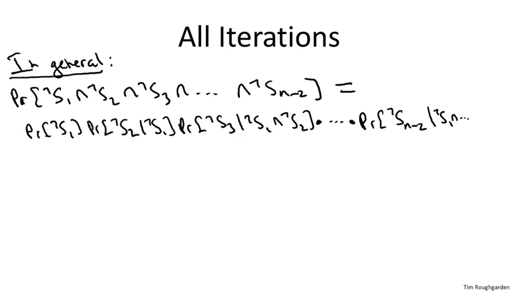Using the definition of conditional probabilities, this is just the probability that we don't screw up in the first iteration, times the probability that we don't screw up in the second iteration, given that we didn't screw up in the first iteration, and so on.